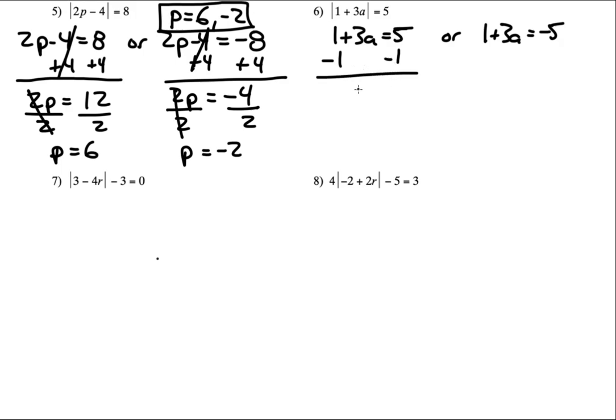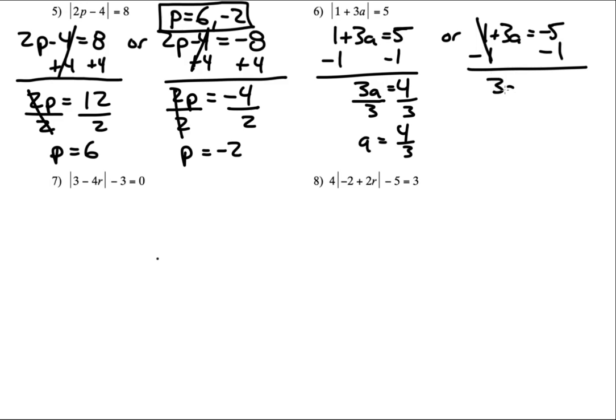So when I do this, I'm going to have 3a equals 4. If I divide both sides by 3, I'm going to end up that a equals 4/3. And I can also do the same thing over here. If I subtract 1 and subtract 1, the 1 minus 1 is going to cancel.